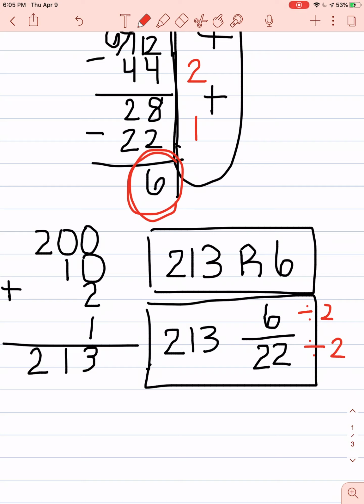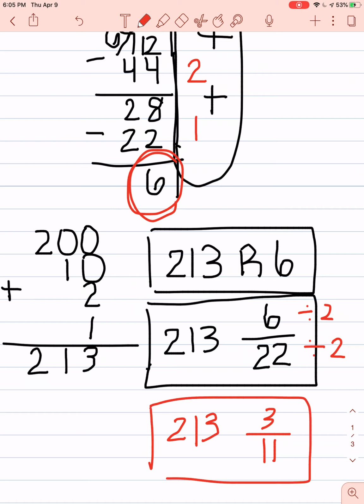So then 6 divided by 2 is 3. 22 divided by 2 is 11. So all of these are acceptable answers. All of these three, but the one that I want you to actually write is like this one right here. This is what I want to see on your answer sheet, like this.